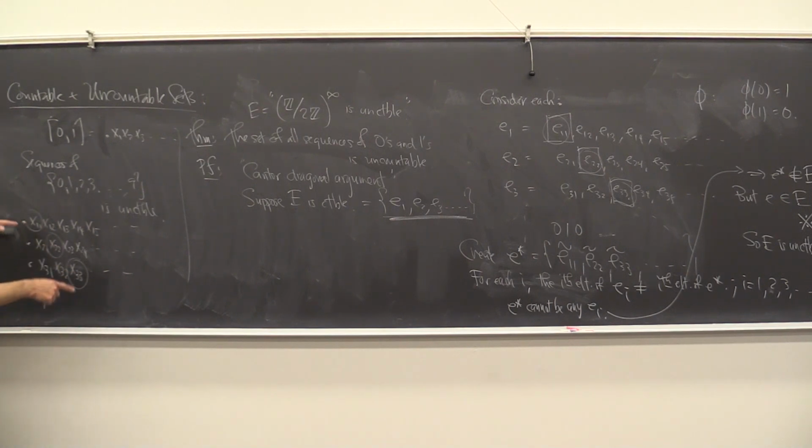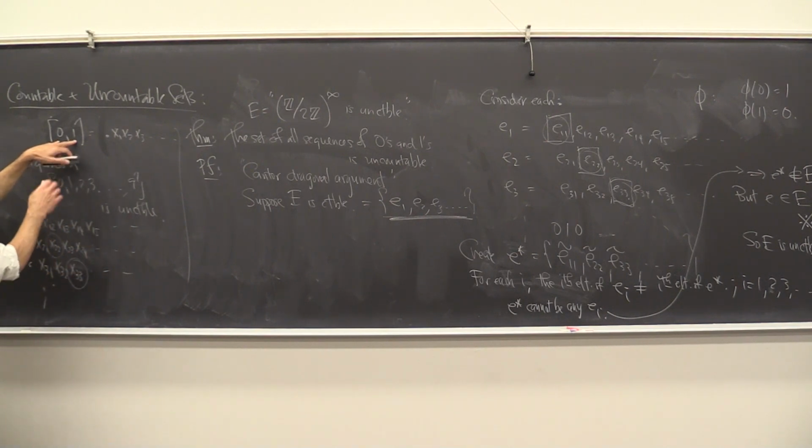By doing that, I would create a number that is not on the list, because it would disagree with the first number in the tenths place, it would disagree with the second number in the hundredths place, and so on. That would create the contradiction, because supposedly I had a list of all the numbers, but I've just created a number that disagrees with every single one of them.